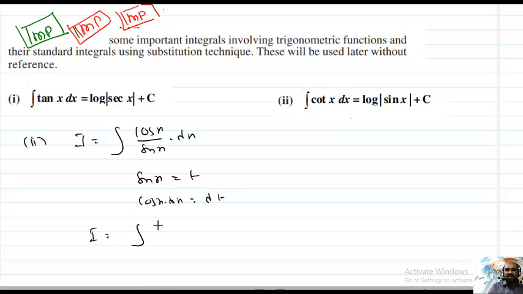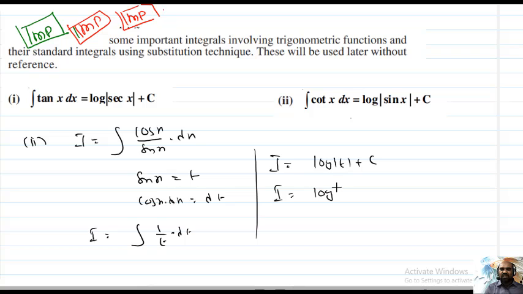Now I becomes integral 1 by t into dt, which is logarithm of mod t plus c. T means sin x, so I equals logarithm of mod sin x plus c. Therefore, integral of cot x dx should be remembered as logarithm of mod sin x plus c.